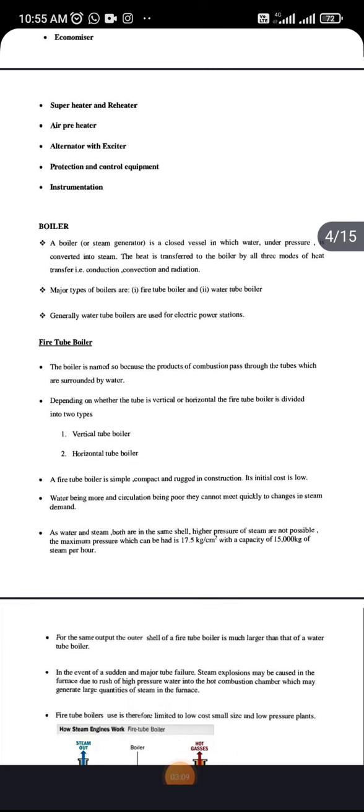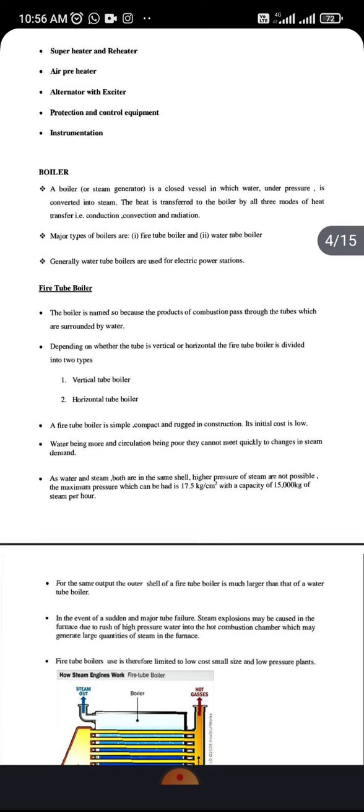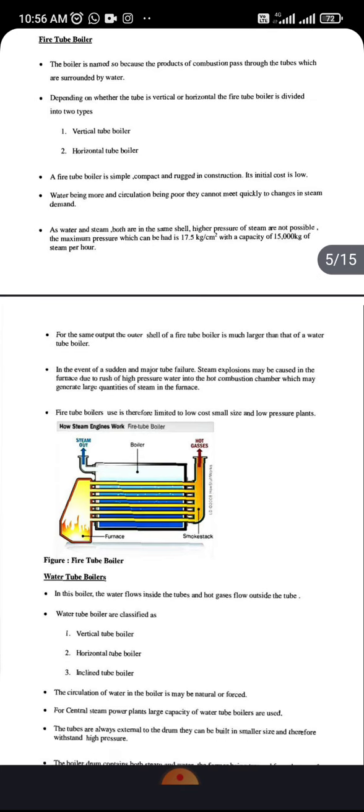So this is all about the fire tube boiler, and basically it is divided into two types: vertical tube boiler and horizontal tube boiler. This is a fire tube boiler.